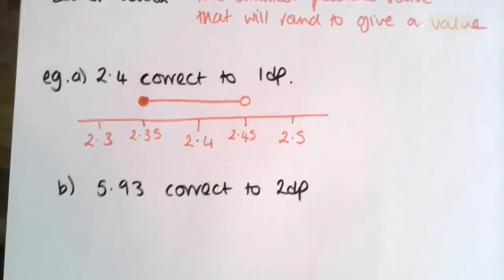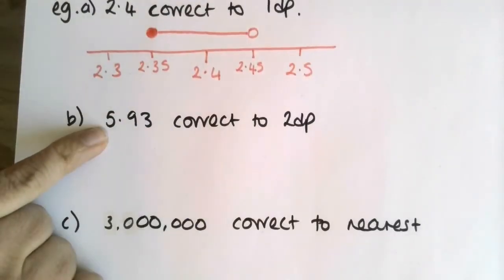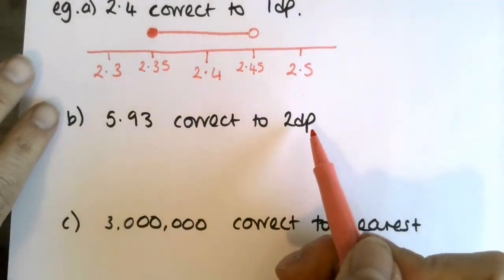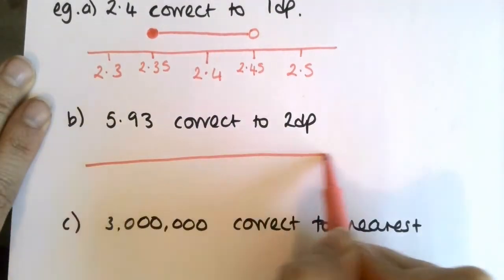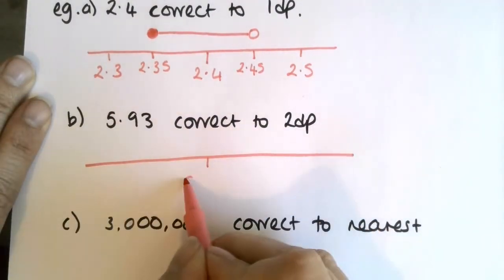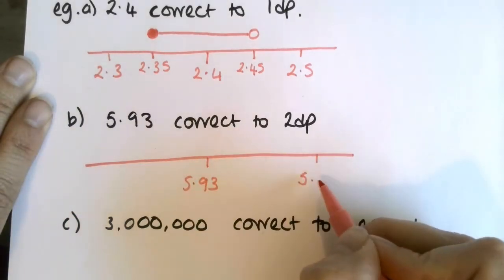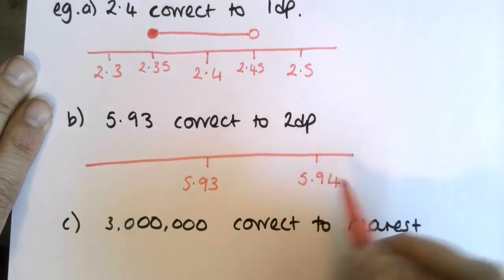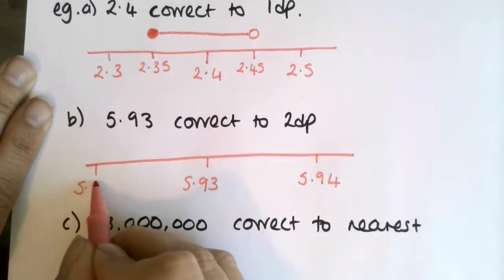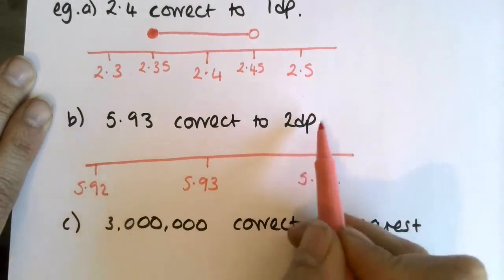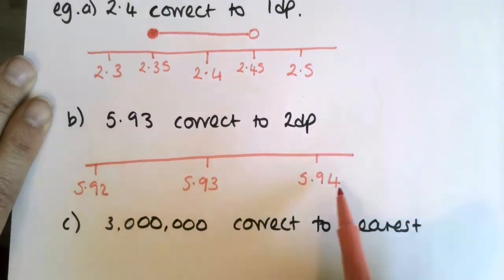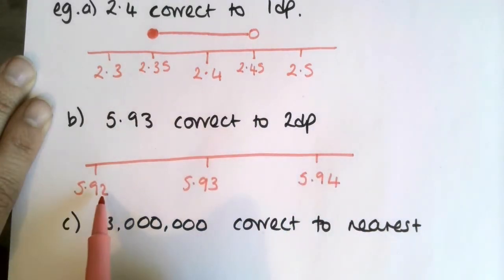So let's look at B. 5.93, and that's been given correct to 2 decimal places. So I put that in the middle, 5.93. I go 1 above, so that's 5.94, and 1 below, 5.92. Because this one was 2 decimal places, that's why I've gone up 1 here and down 1 here.